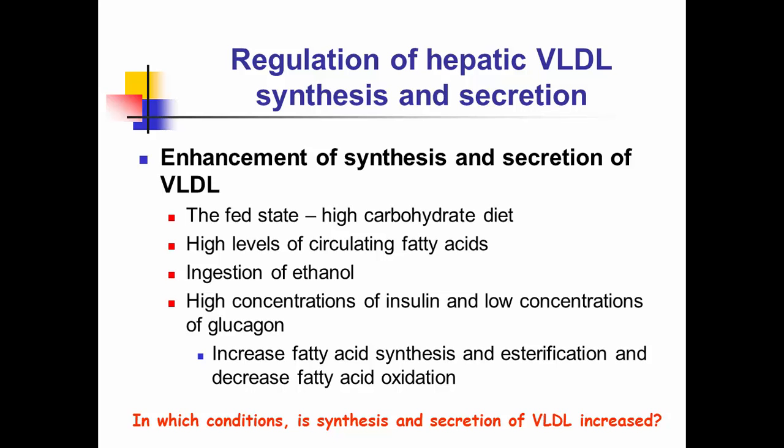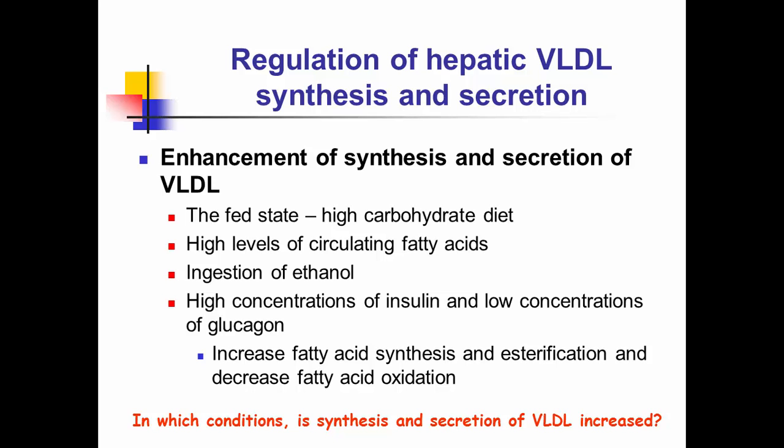And a second condition is high levels of circulating fatty acids. One is that we know that under fasting conditions, your liver picks up a lot of fatty acids from circulation. And the other condition is the diabetic condition, right? So you have a lot of fatty acids in the circulation.